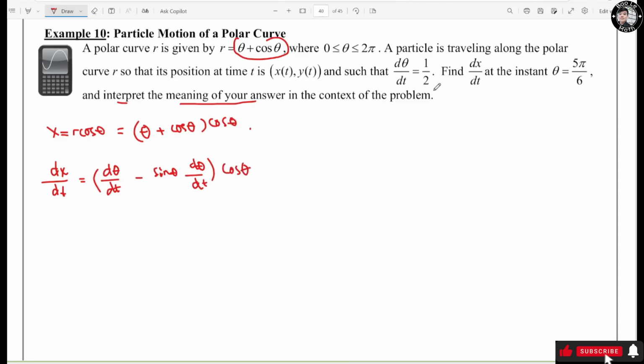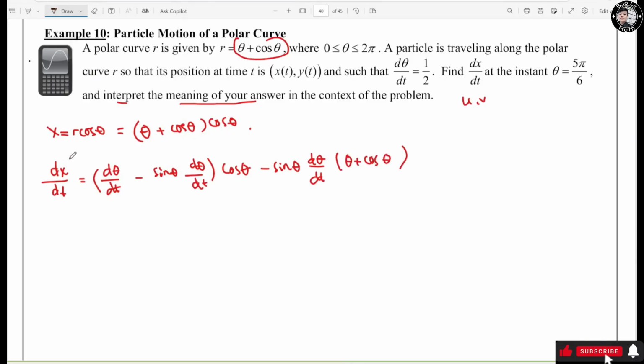Now plus the derivative of cosine, which is negative sine, so I put negative sine right here, d theta over dt times theta plus cosine theta.